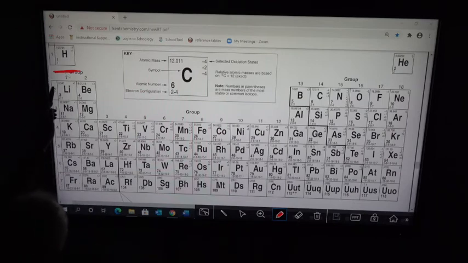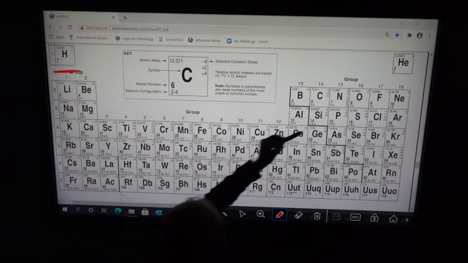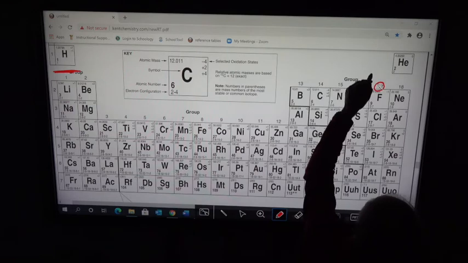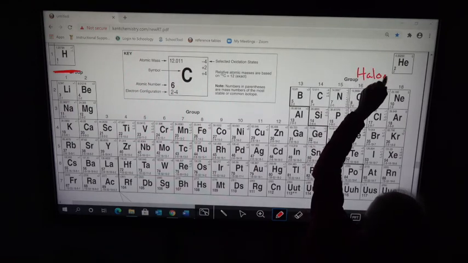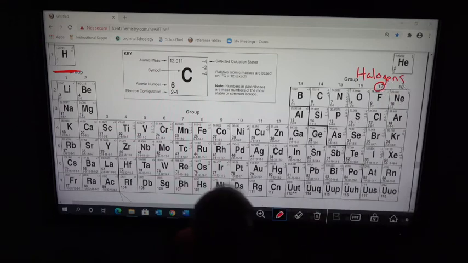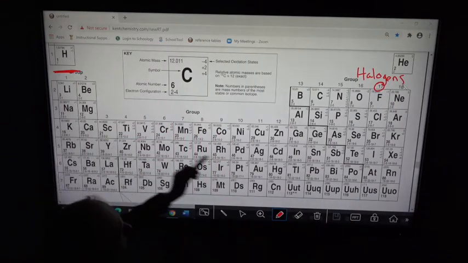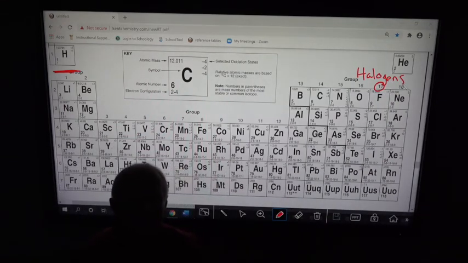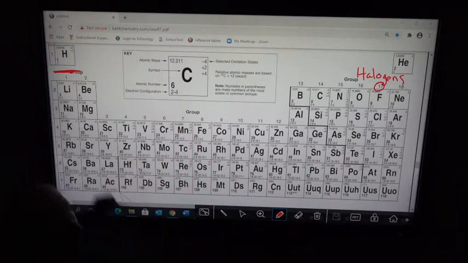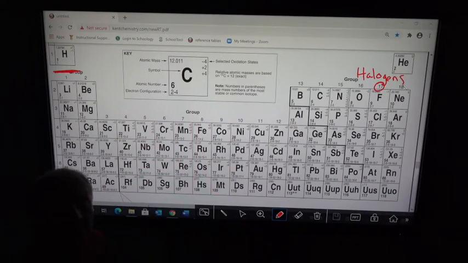Now, interesting: group 1, group 2, and group 17. Remember, group 17 is called the halogens. Those elements are never ever found in nature by themselves because they're too reactive. Remember what I said, group 1 and 2, you put them in water, they blow up.